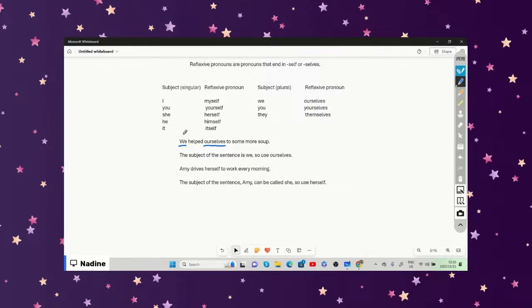We is also our subject. We are referring to more than one person, so the subject in the sentence is we. We is the subject that we are talking about, which means that our reflexive pronoun is ourselves. Because we is our subject and ourselves is our reflexive pronoun.